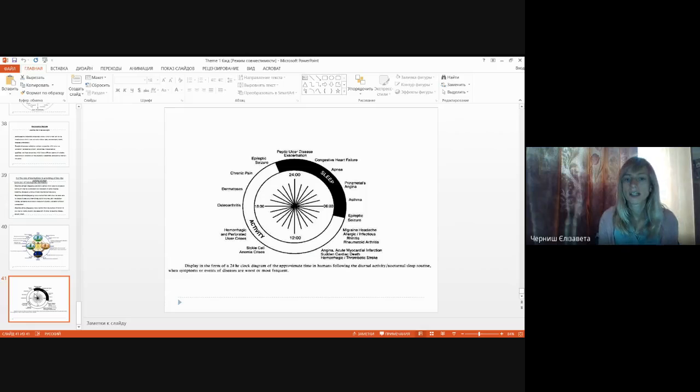For example, some chronic pain and its influence. So this investigation is very interesting, and we see a connection between biological rhythm and the function of our biological clock with activities and frequency of disease.